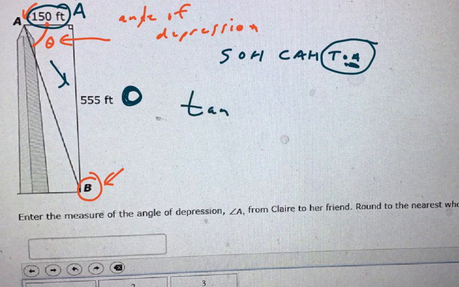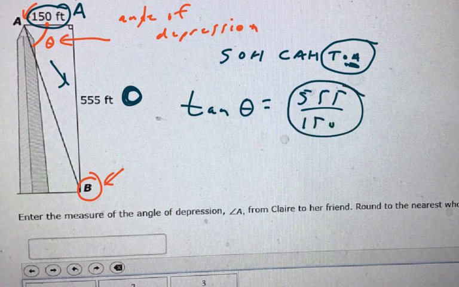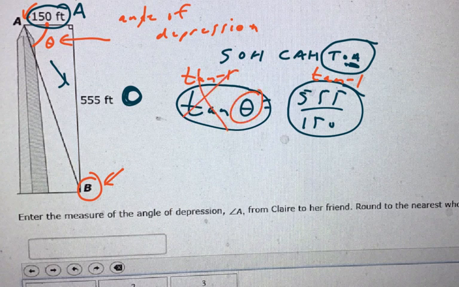So the tangent of our angle theta has to be 555 over 150. So what we're going to do is divide this fraction. We know that equals tangent. And if we simply do tangent inverse, that means shift tan on the calculator, we're going to find our angle of depression theta.